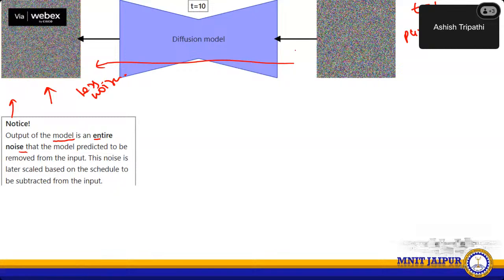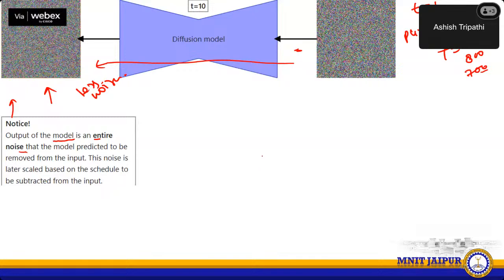I have reduced some noise from this one, but ultimately we are in the very beginning phase, so the output image will also look like noise. For example, if we are running through 1000 epochs, it might be possible that after 700 or 800 epochs we will be able to see the image features. By 1000 epochs, we will be able to see the clear image.